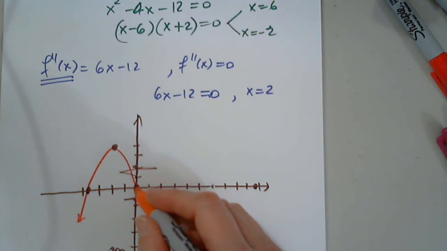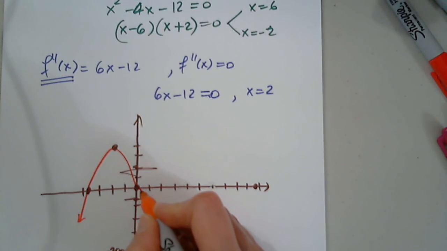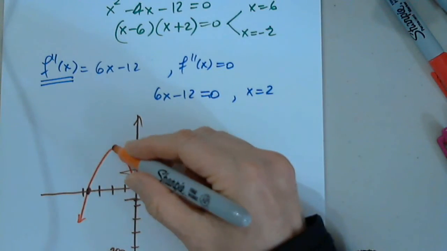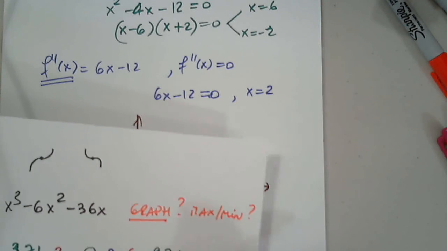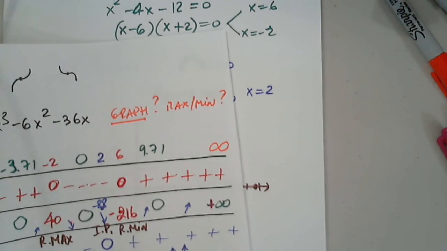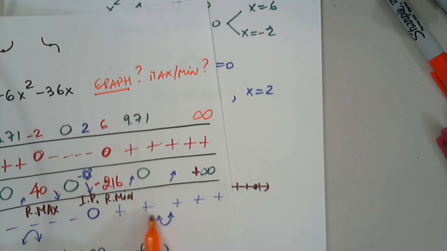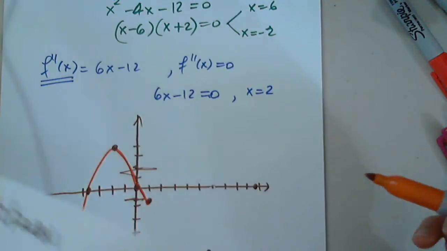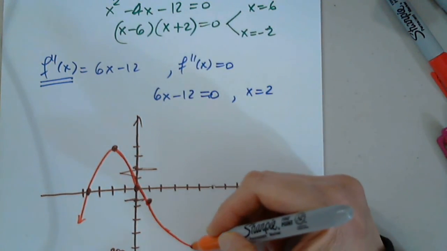And I'm having difficulty now because it should be looking like this, but you know what I mean. It's because of the scale. Where it has an inflection point, it changes concavity. From now on, it will always open up, and it will decrease to this point, opening up.